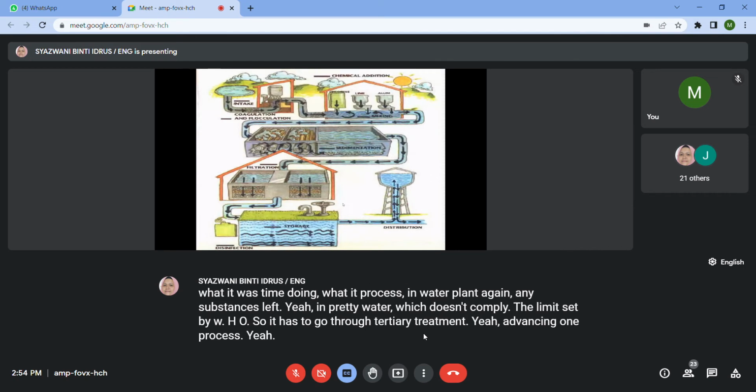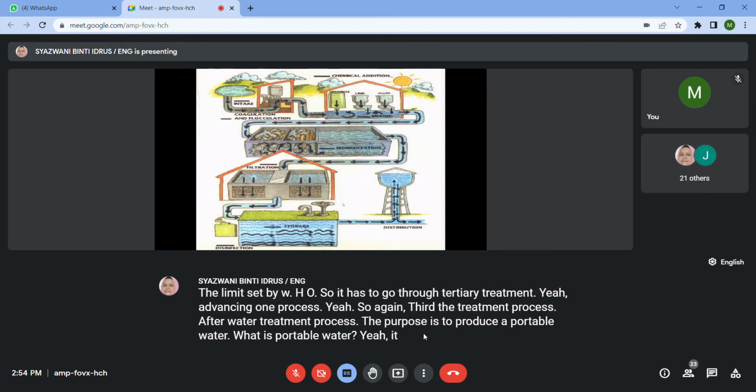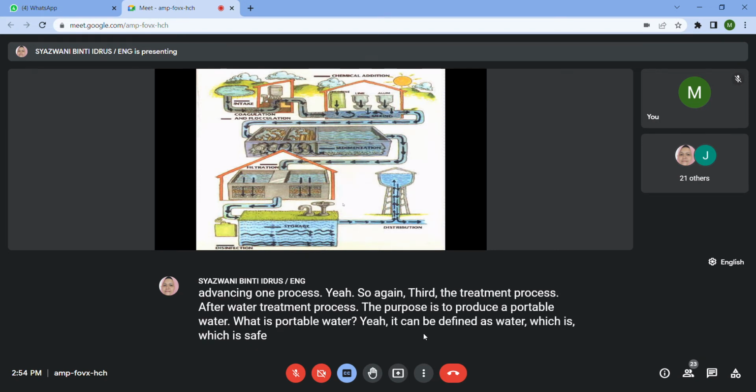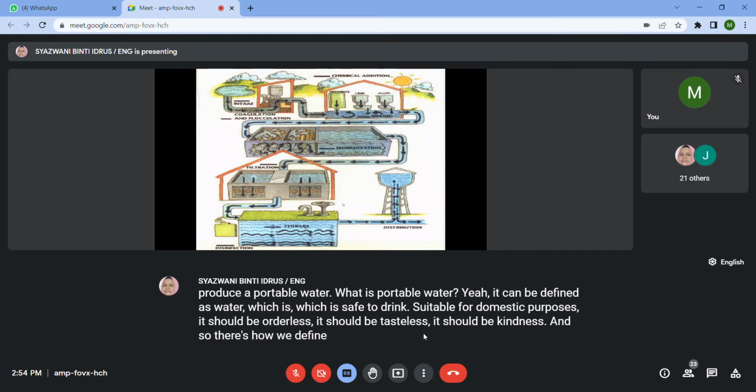After the water treatment process, the purpose is to produce potable water. What is potable water? It can be defined as water which is safe to drink, suitable for domestic purposes. It should be odorless, tasteless, and colorless. So that's how we define potable water.